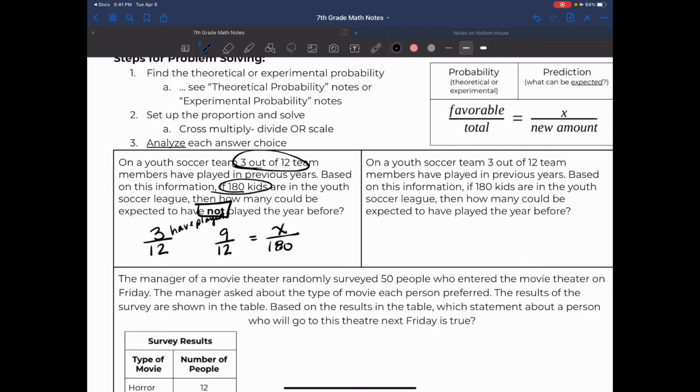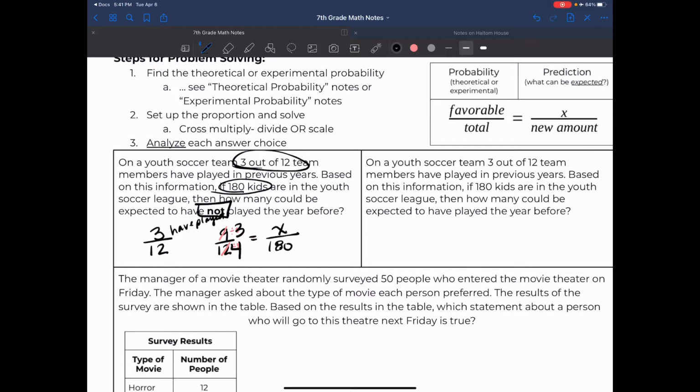Now, we can do 2 different strategies, but first, I'm going to reduce my 9/12. Do we see how they can both be reduced by 3, right? So 9 divided by 3 is 3. 12 divided by 3 is 4.